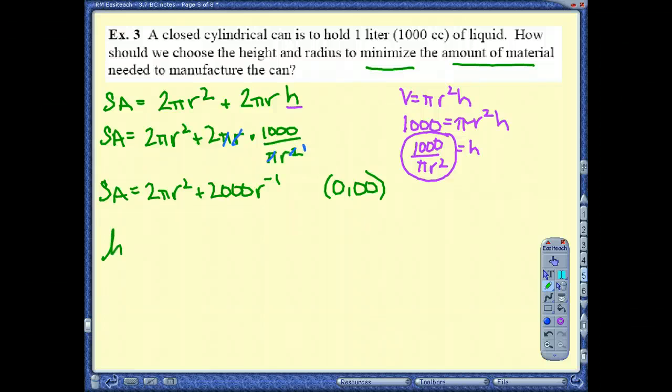So we're going to do our 2 limits as r approaches 0 from the right side. 2 pi r squared plus 2,000 r to the -1 power, and then we'll do our limit as r approaches infinity.